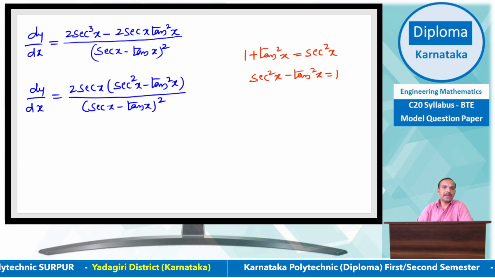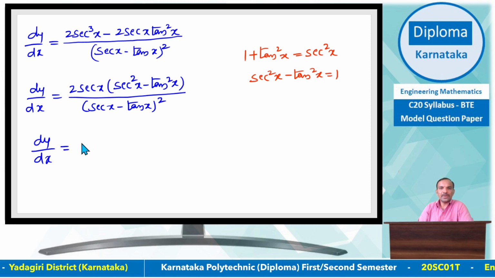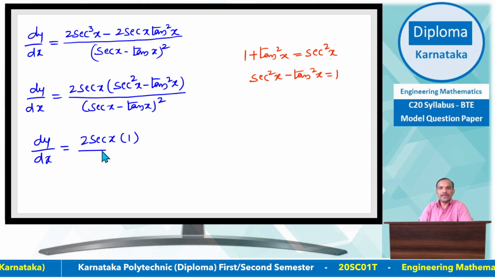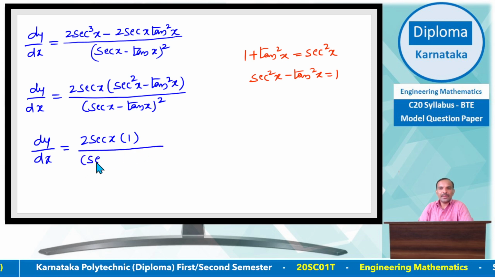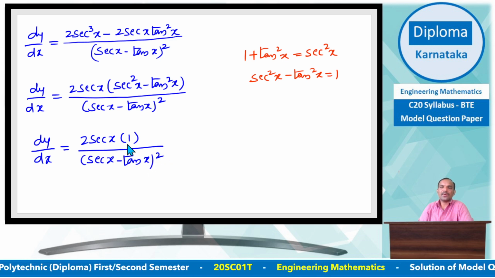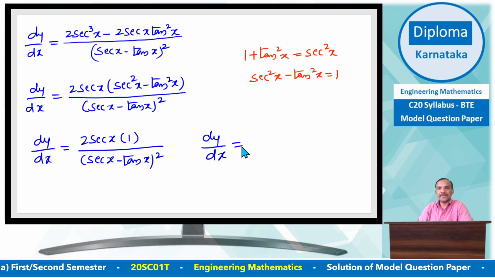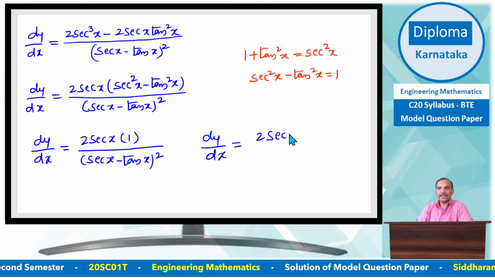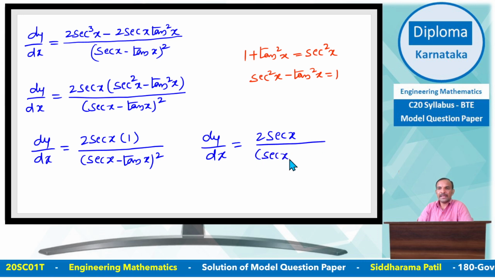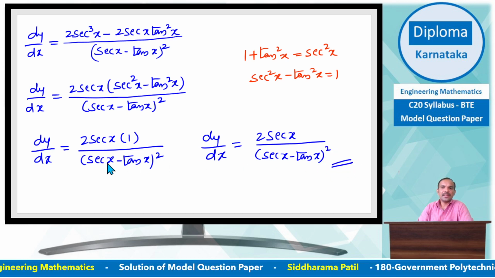Therefore dy by dx is equal to 2 sec x into 1 divided by (sec x minus tan x) whole square, that is dy by dx is equal to 2 sec x divided by (sec x minus tan x) whole square. This is the required answer.